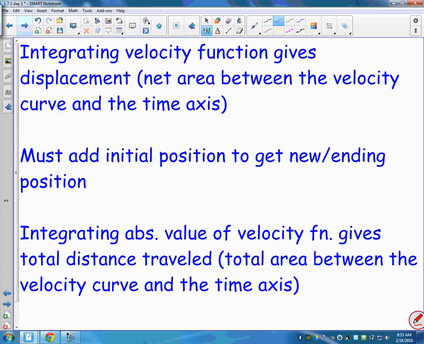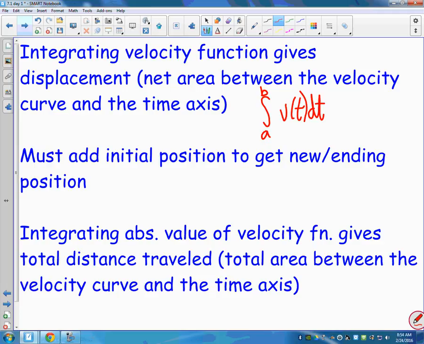We can write some stuff out here. When you integrate the velocity function, that will give you the displacement. What happened over that time period, which I said is the net area between the velocity curve and the time axis. So we can say if we integrate from A to B of v of t, that's going to give you what happened over that time period, which is just the area under the curve.